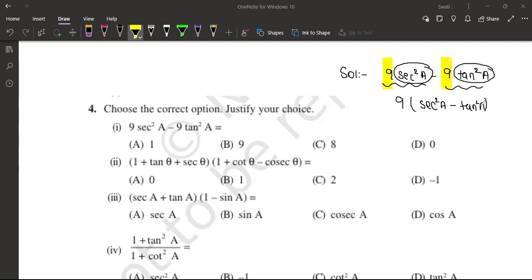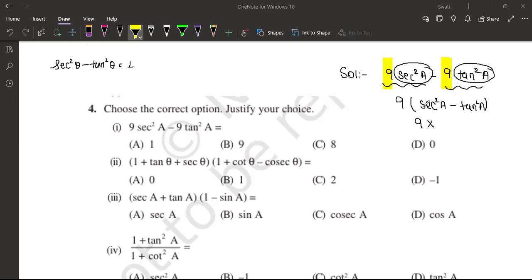Now, don't you think, Manya, that this is our second formula, my trick formula? What is the value of sec square theta minus tan square theta? 1, right? The second trigonometric identity was this only. Sec square theta minus tan square theta is equal to 1.